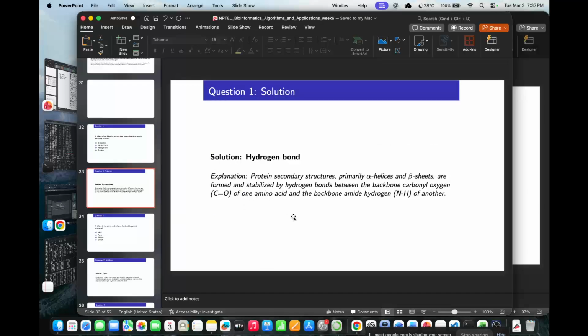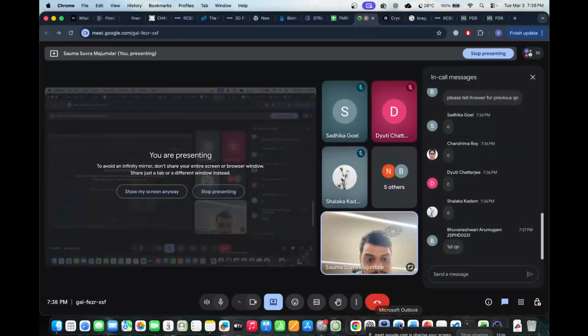So you have these carbonyl atoms, right? C double bond O, which is polar in nature because oxygen pulls the electron towards its side, and also the amide bond, NH, is a very polar bond. So hydrogen bonds form between CO and NH: the H of the amide and the oxygen of the carbonyl form a weak hydrogen bond. I hope that makes it clear.